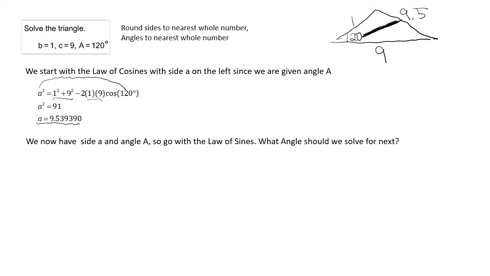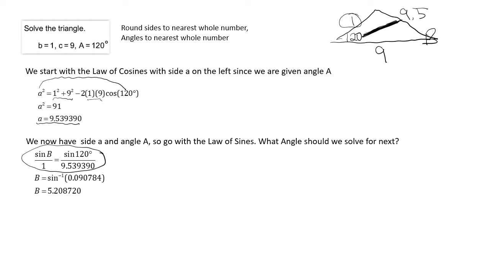Since 1 is smaller than 9, I'm going to work with side B. And if I'm working with side B, I'm looking for angle B here. Why? Because B is smaller. So here's the work. Here is the law of sines right here. You fill in the details. We get angle B is something like 5.2.